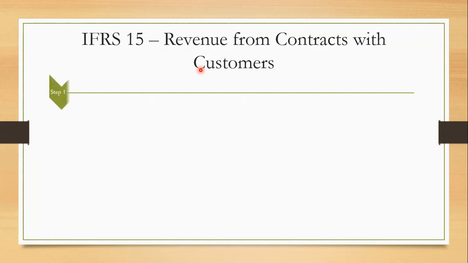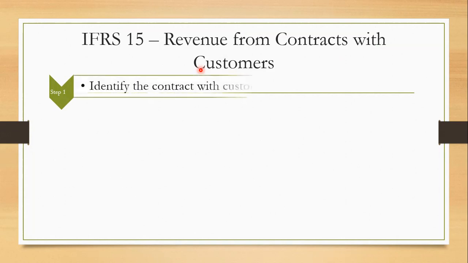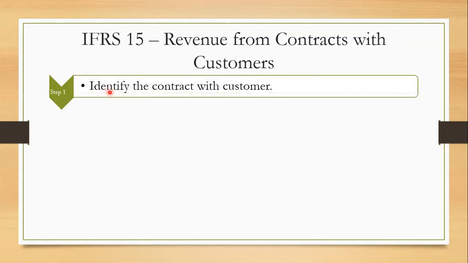Under this five-step model, there are five steps that we need to follow in order to recognize the revenue for business purposes. The first step is to identify the contract with customers. As you may already know, in business operation, we enter into contracts with our customers in order to earn our revenue.